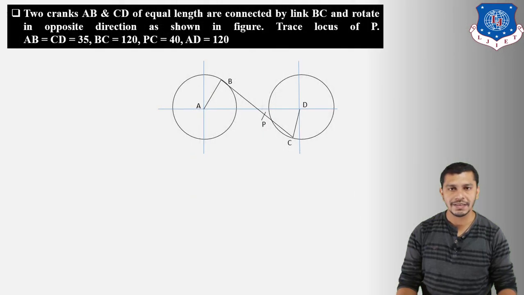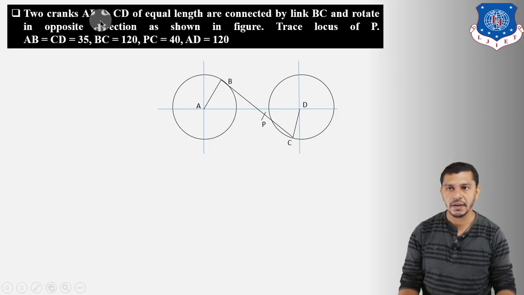So the first and basic thing is, what is 4-bar chain mechanism? If a mechanism has 4 joints, then that mechanism is known as 4-bar chain mechanism. So let us understand it by using this example.